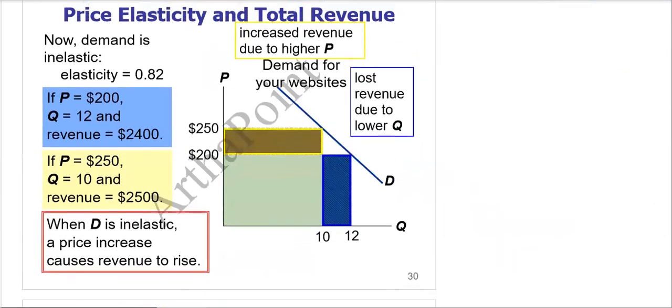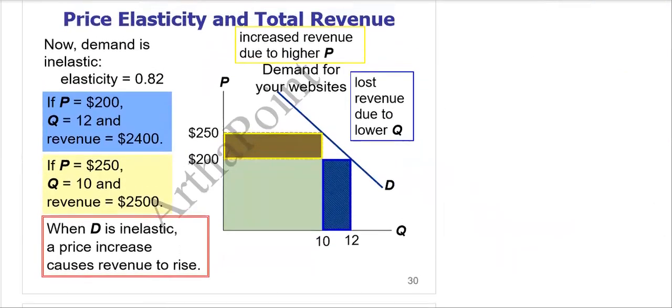Let's take the same example here. Now what is happening? Initially your price is 200, quantity is 12. So the total revenue that you have collected is this much. Now when price is 250 and quantity is 10, the total revenue that you collect is this much. The additional revenue that you have collected is this much.